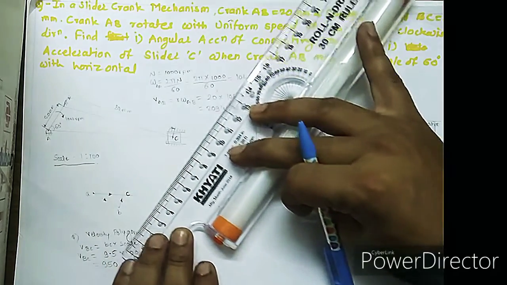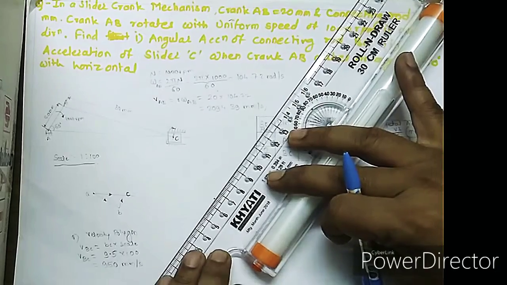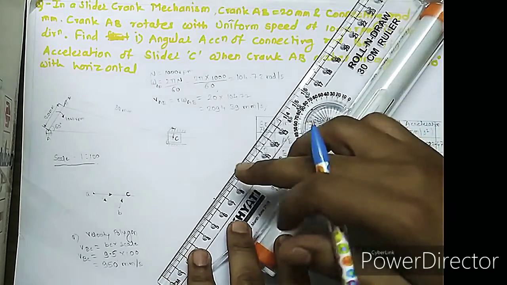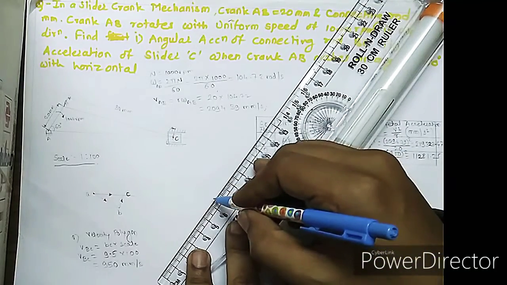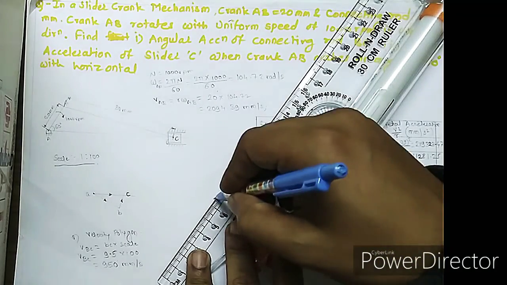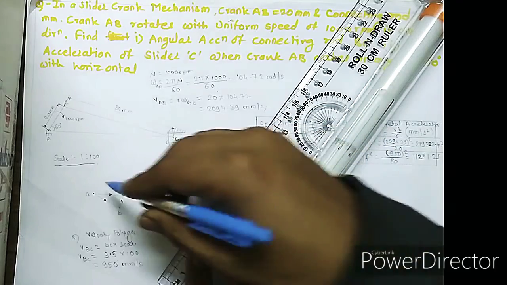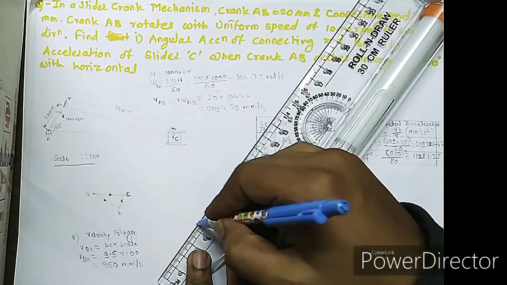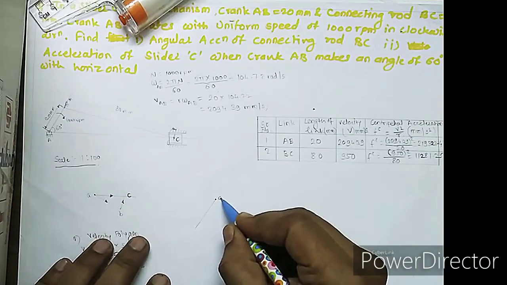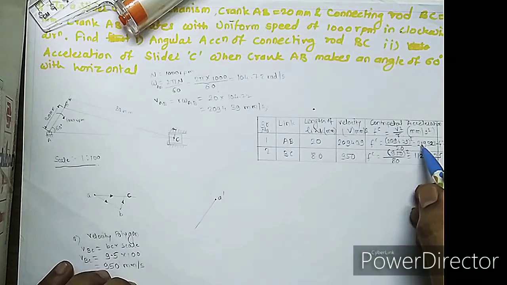So draw the parallel line to the crank AB first from the drawn point, A dash, in a downward direction because crank is rotating in a clockwise direction. Name it as A dash.